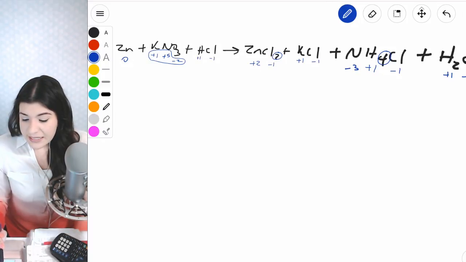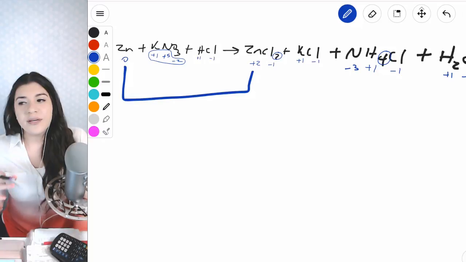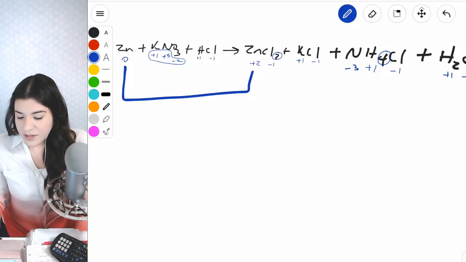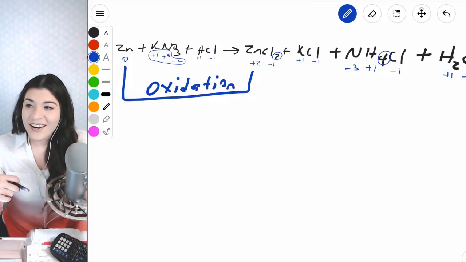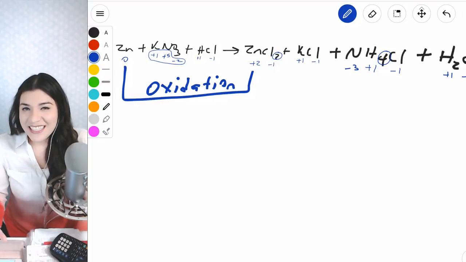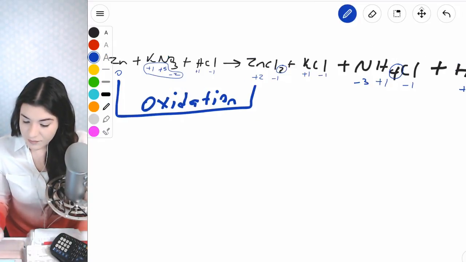For zinc, this is 0 to plus 2. Since that increased or became more positive, this is known as oxidation. And when we are reducing, or becoming more negative, then that's going to be reduction. So I'm going to look for what's changing.